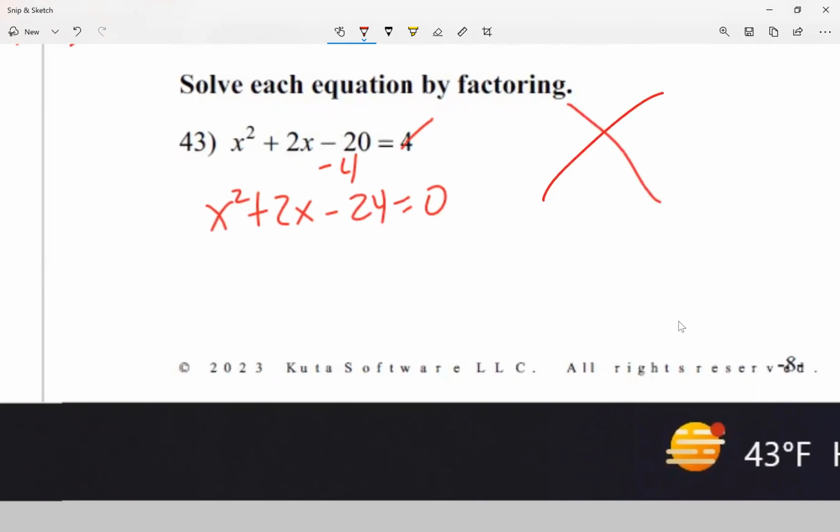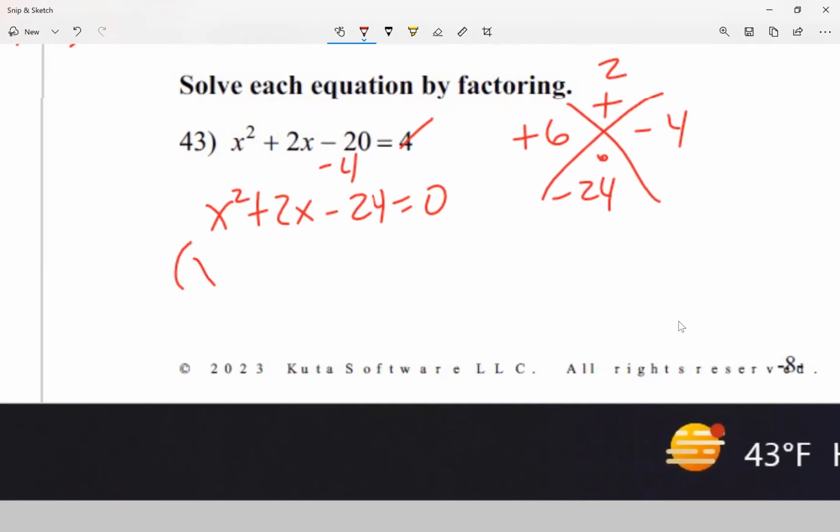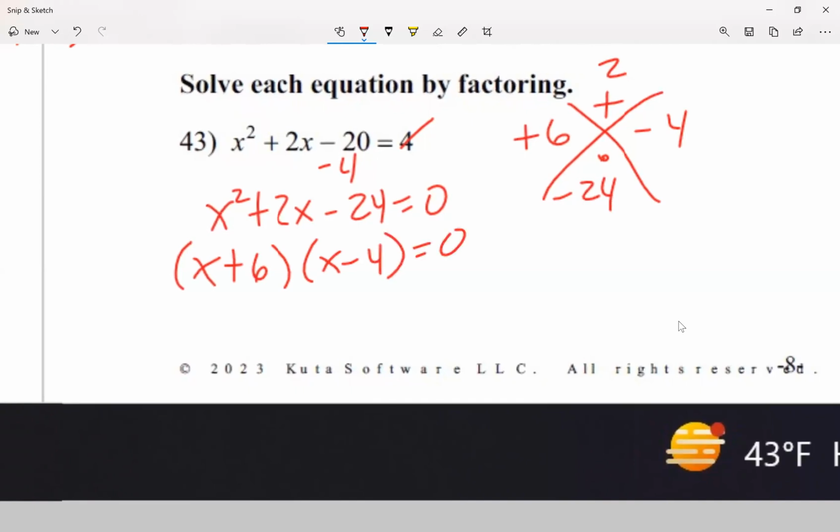I'm looking for two numbers that when I multiply them is equal to negative 24, but when I add them is equal to 2. So I'm going to think of positive 6, negative 4. My factors, my parentheses, let me break this as (x plus 6)(x minus 4), and all this is equal to 0.